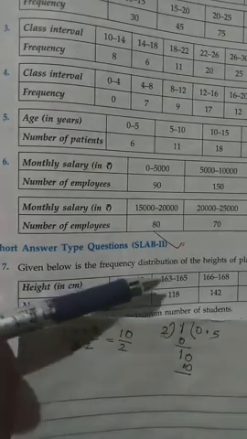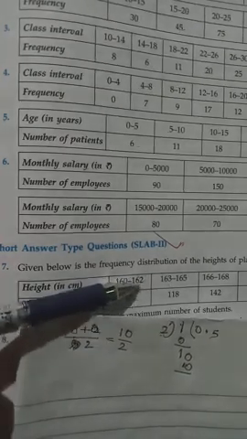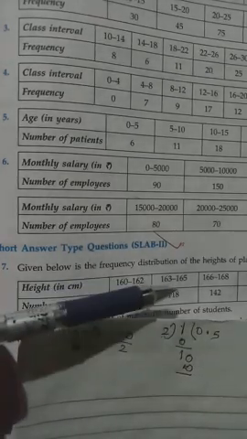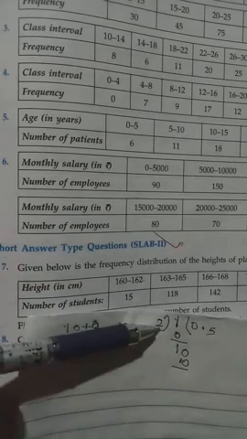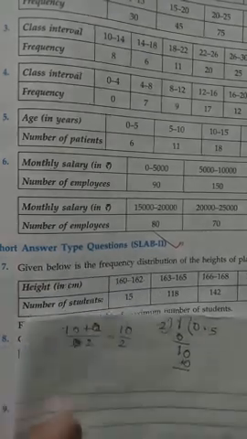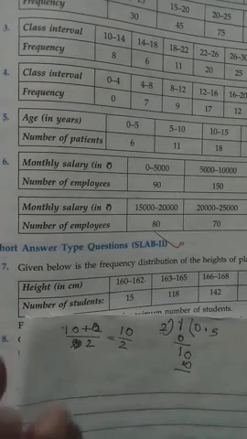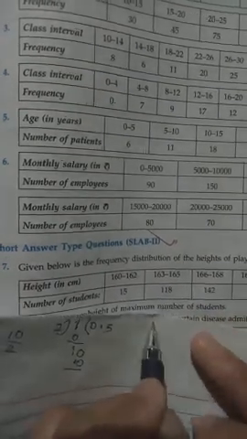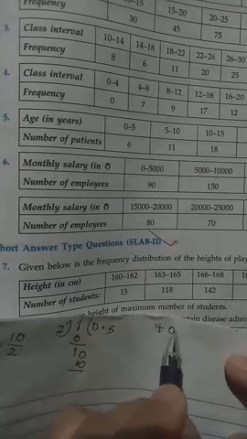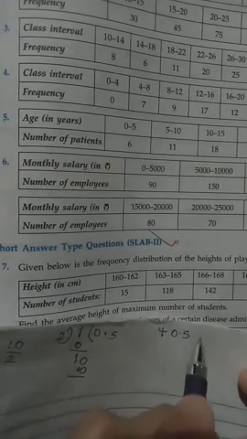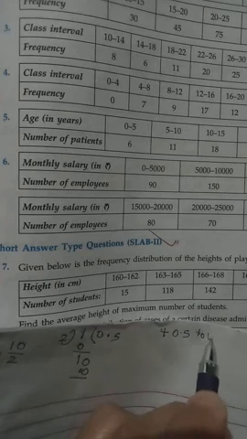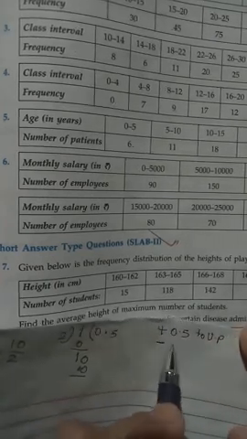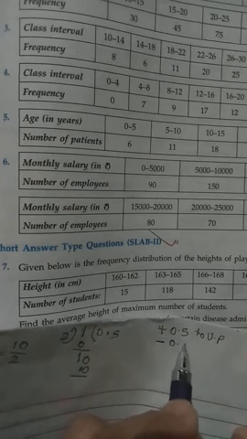By subtracting the 2 class intervals where there is a gap, and since there are 2 of them, we divide by 2. So we see 0.5. Then next, what to do? Remember, we have to add this 0.5 to the upper limit, and then we minus it from the lower limit.